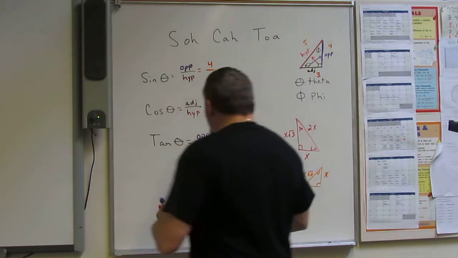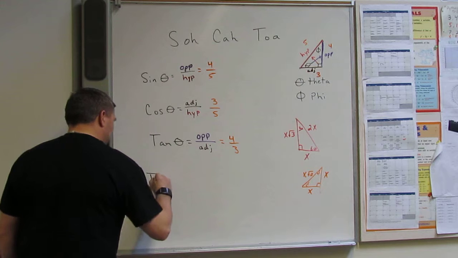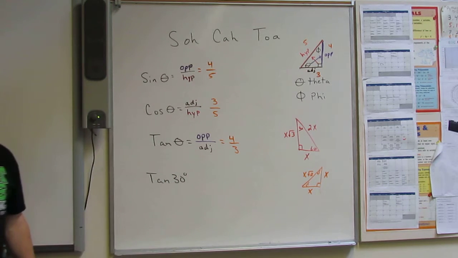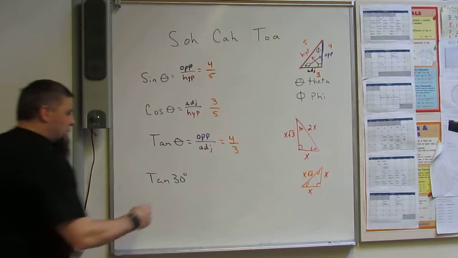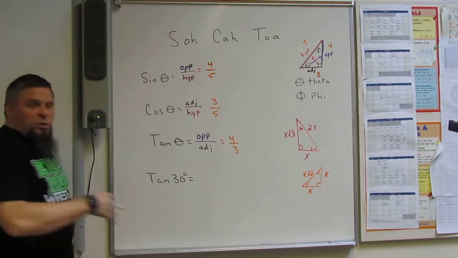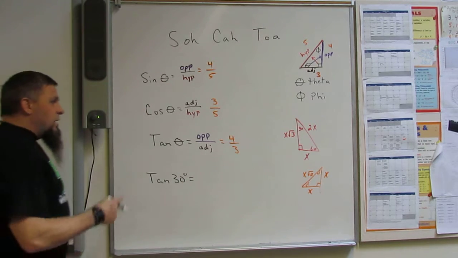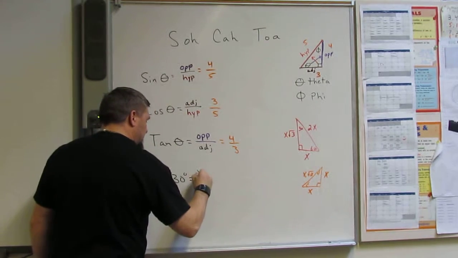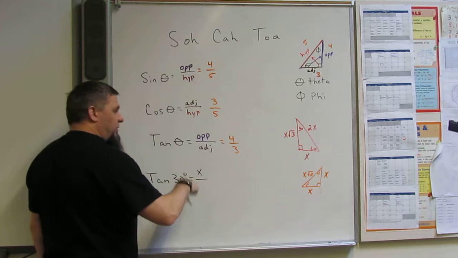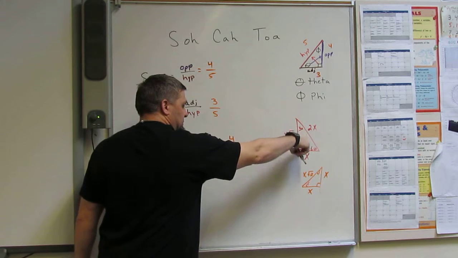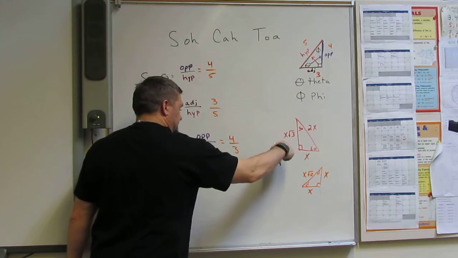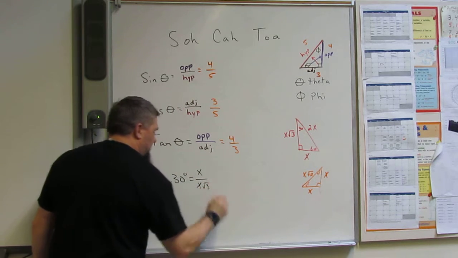That means if I want the tangent of 30 degrees, then that's going to equal the opposite, x, over the adjacent, x square root 3.